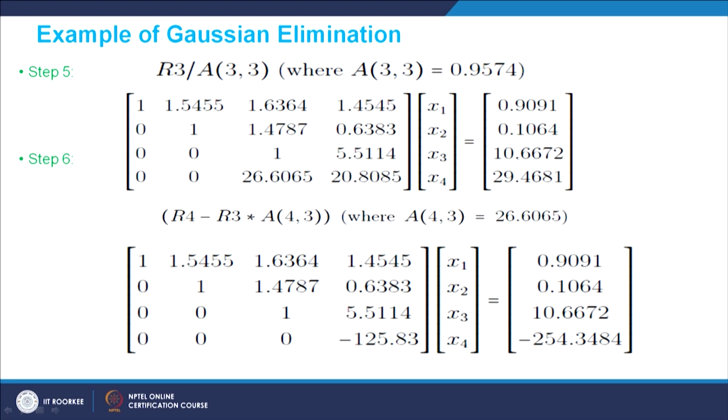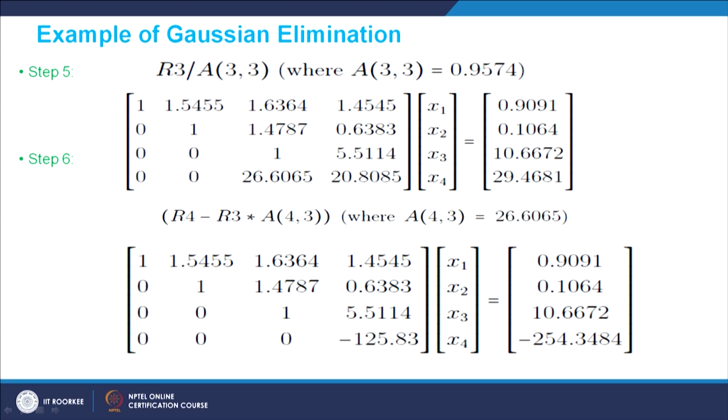Then we multiply this row by 26.6065 and subtract the resulting row from this row. So we get here 0, and then we get something here, almost minus 130 or something, and something here too.